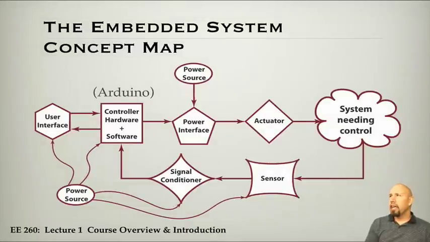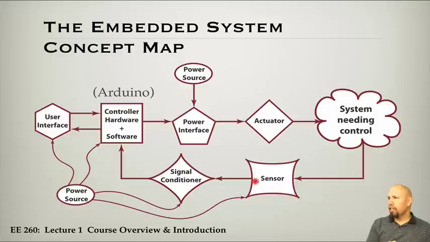Okay, here's the concept map for an embedded system. Over here, we have this system that needs to be controlled. We'll talk a little bit about what that system might be.